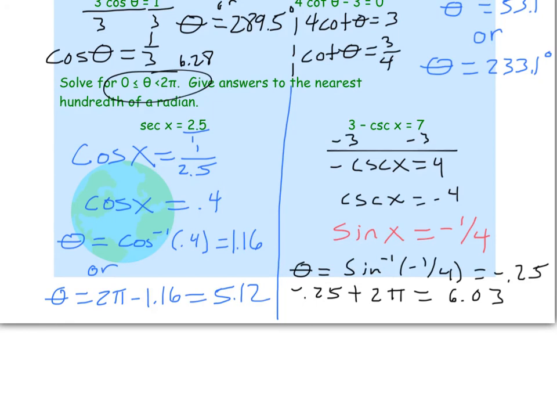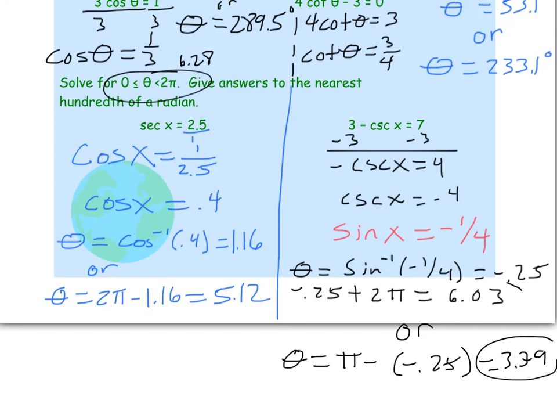And now to get number 2, for sine, I subtracted from pi. But when I subtract, now I can go back and take the original solution that I got, as this gives me an angle that is still between 0 and 2 pi. Solution number 1, solution number 2. Okay?